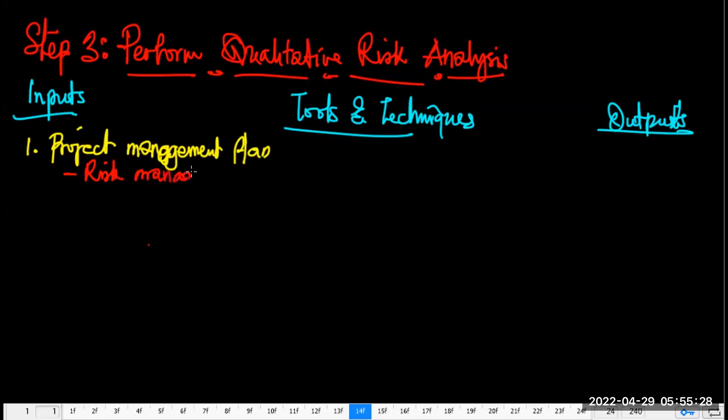Remember, the first step was plan risk management, and the output was the risk management plan. As long as your risk management plan was ready in the first step, you can use that as an input here. In plan risk management, it was an output. So that output can become an input for performing qualitative risk analysis, right?